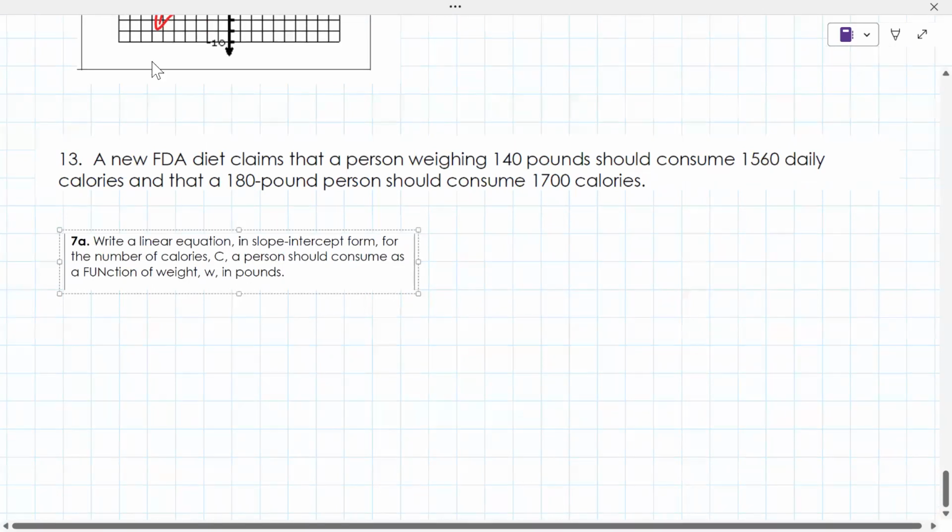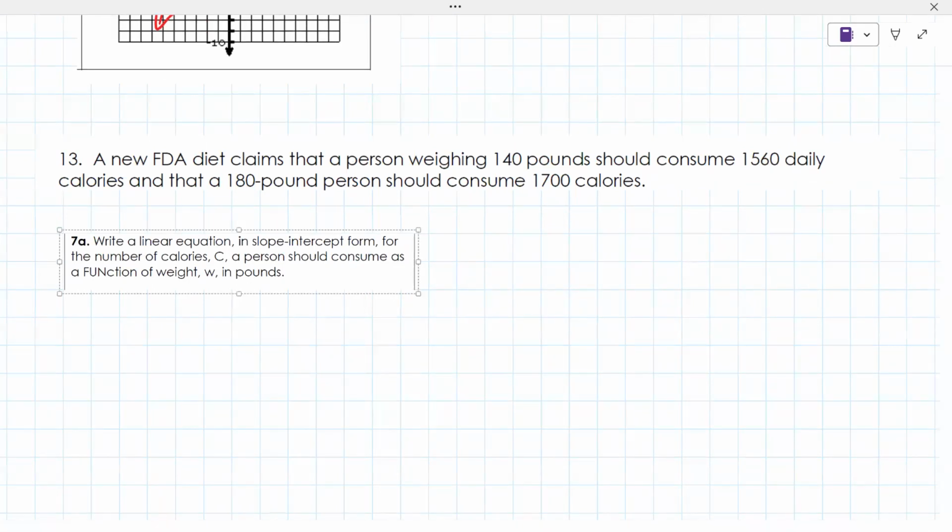Alright, second page. Alright, so now we're at number 13.